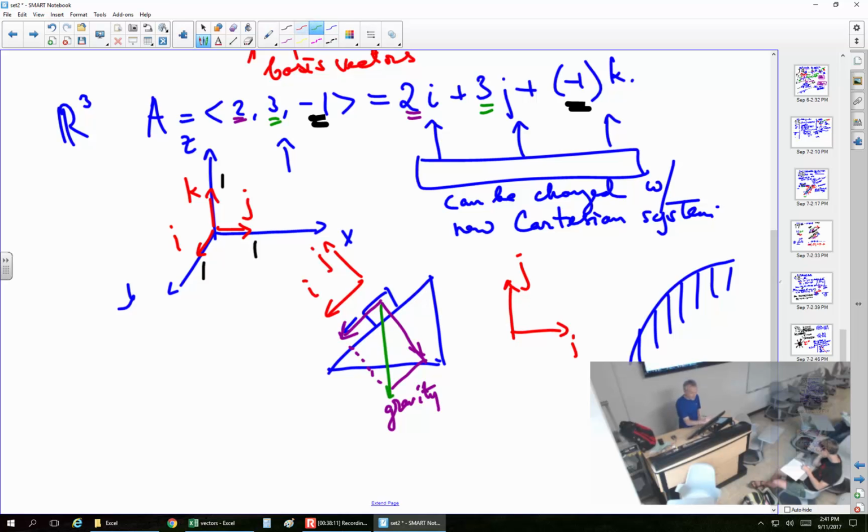Then you realize that, following that idea, you have to change. There will be different basis vectors depending on the location. Okay, so that's a different degree of complexity.